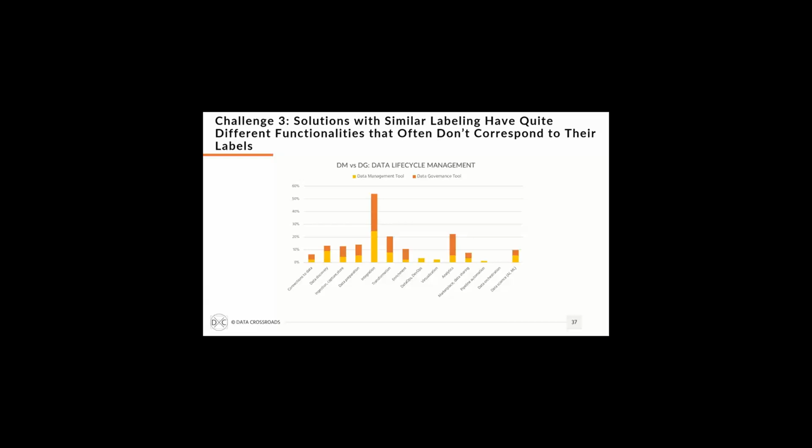And I wonder if a data governance tool really must support data lifecycle management. I don't think so. But it's again the question of labeling, of defining different concepts. But this is what you should be really aware of while selecting tools.